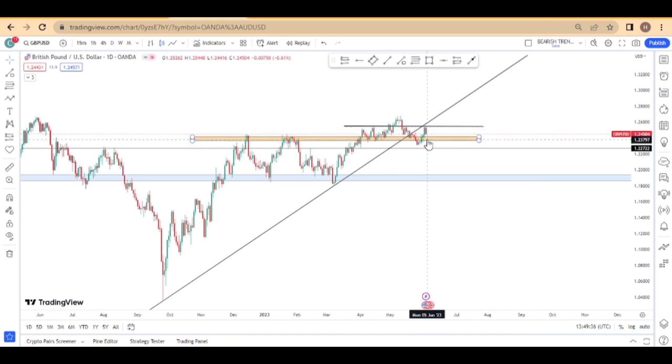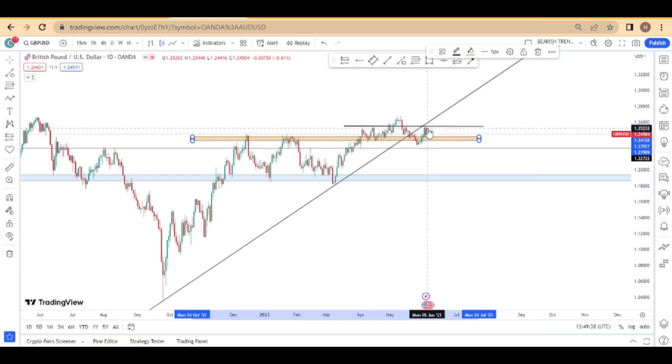So what I'll be looking at on GBPUSD for the week is this. If this level holds here and the market doesn't bounce off this previous resistance that will now be support to break this high here, then all I'll be looking out for is a sell.